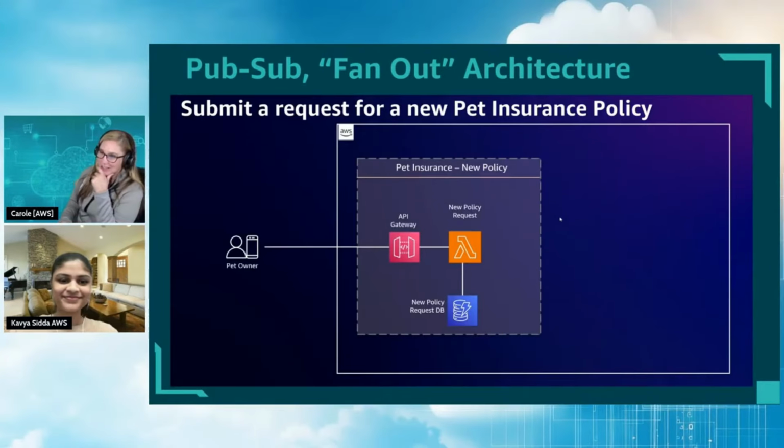Awesome. All right. So this should look a little bit familiar to you if you attended last week or watched the video. What we're doing a little bit differently is a slightly different application. So this is the pub sub fan out architecture where we have a pet owner who is submitting a request for a new pet insurance policy via our website.